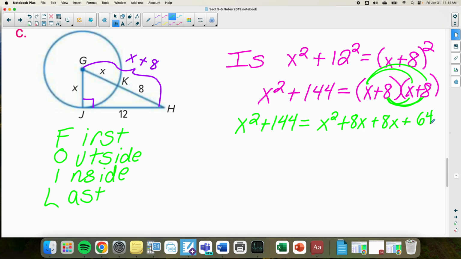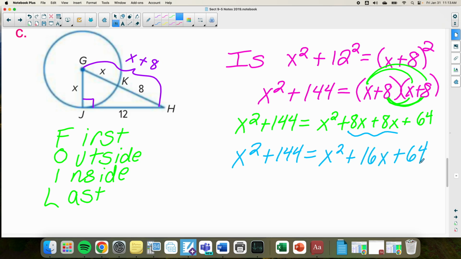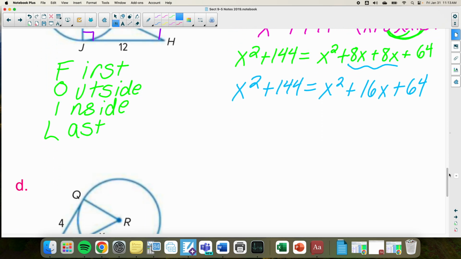So now if I redo this, I'm gonna say x squared plus 144 equals x squared plus, this is 16x plus 64, okay? What happens if you have an x squared on both sides? Do you guys know? They cancel out. If you tried to bring this over to that side and you subtracted it, what would happen is they would cancel on both sides, okay?